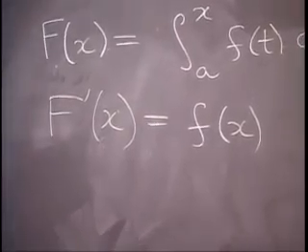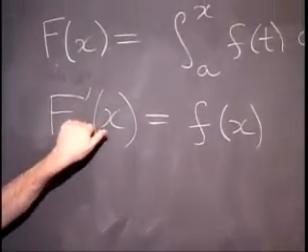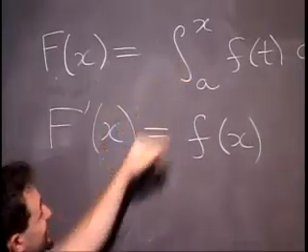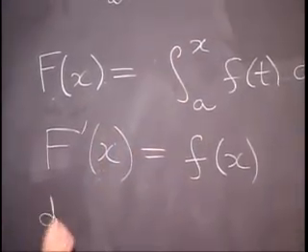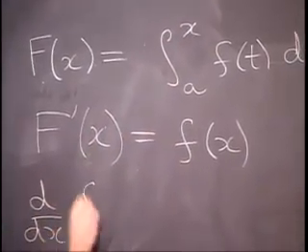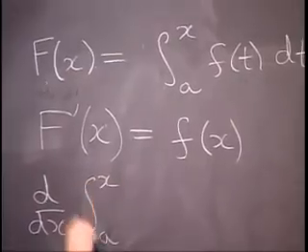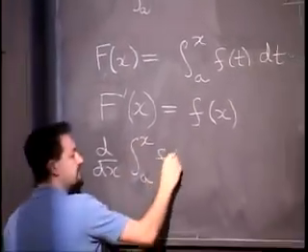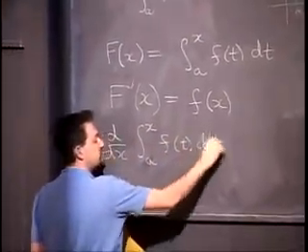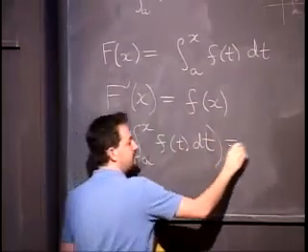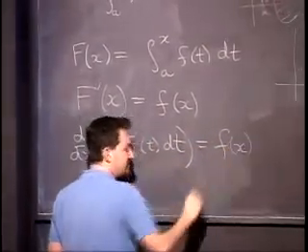And I did state this last week. Since this is the derivative of F, which is this, we can also write it using the d dx notation as the derivative with respect to x of this weird integral function is just little f of x.